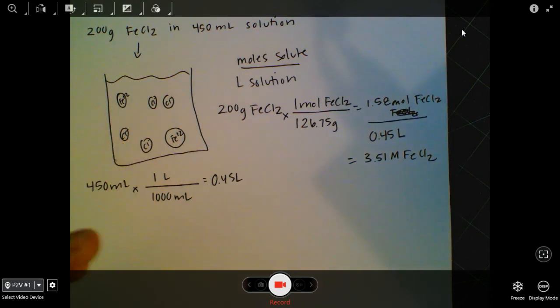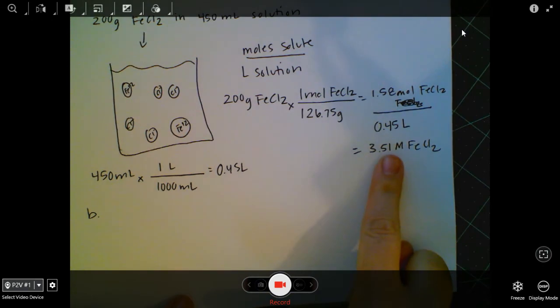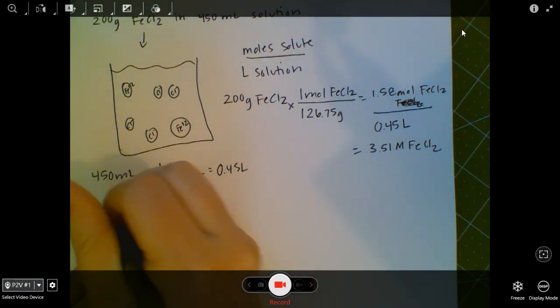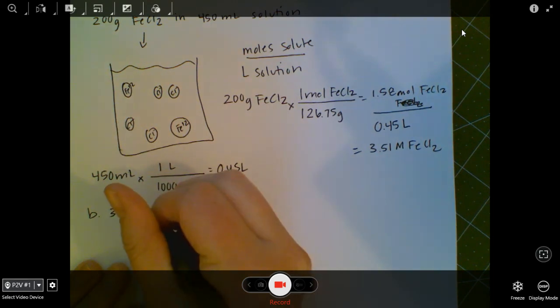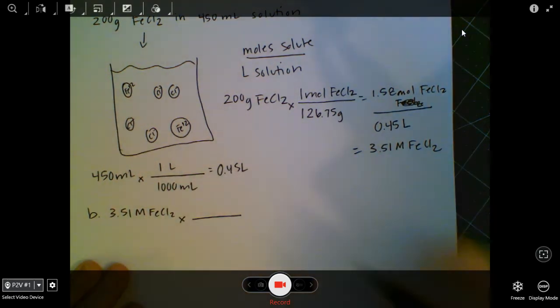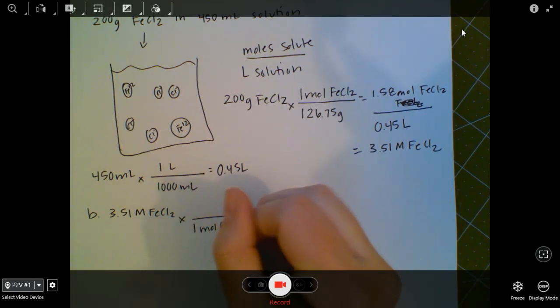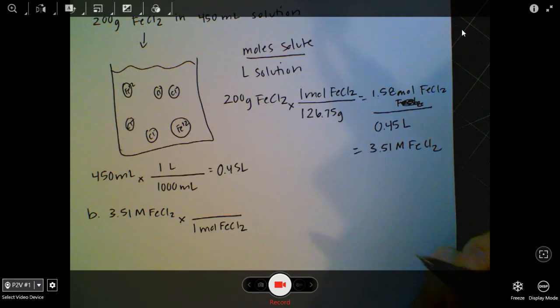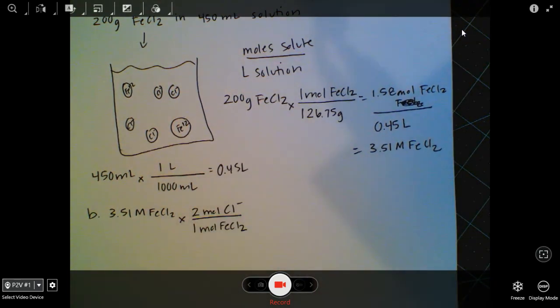And so to represent that for part B with the calculation, I can take my concentration of FeCl2, 3.51 molar, and then I can set up kind of like a mole ratio. So for every 1 mole of FeCl2, I am going to get 2 moles of Cl minus.